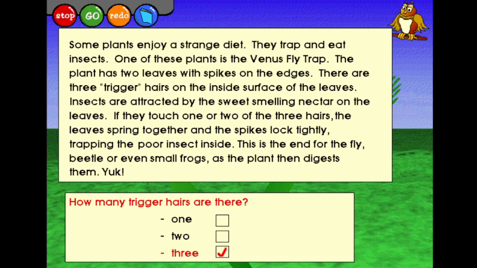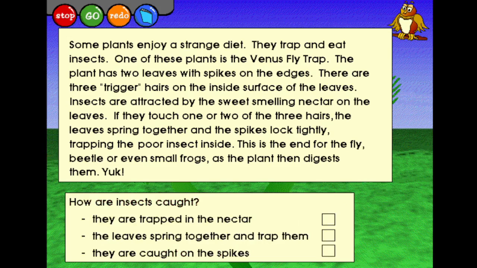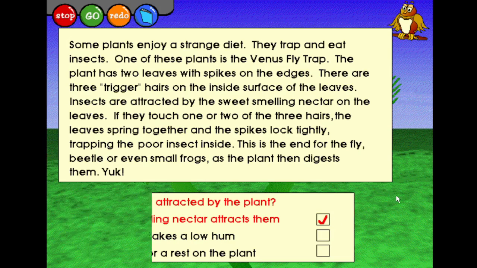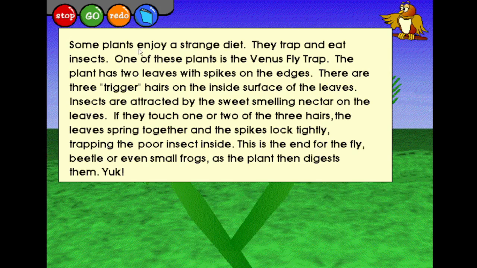There are 3 trigger hairs. Read the question and then click on the correct answer. The leaves spring together and trap them. Read the question and then click on the correct answer. Sweet-smelling nectar attracts them. Read the information again.